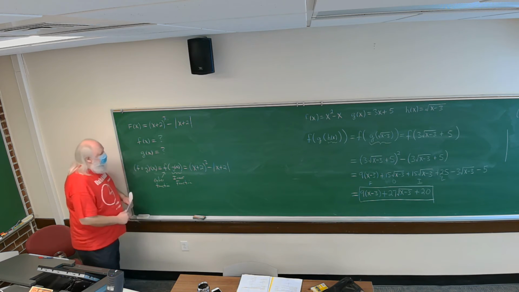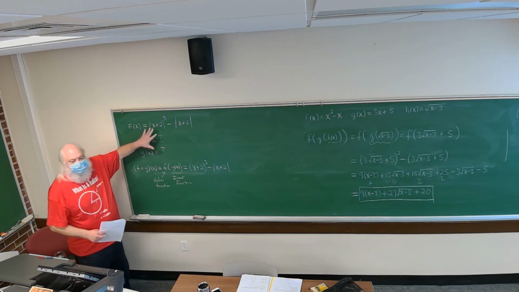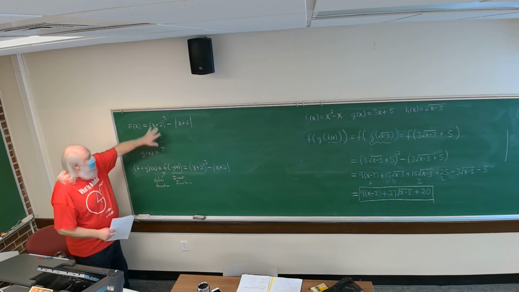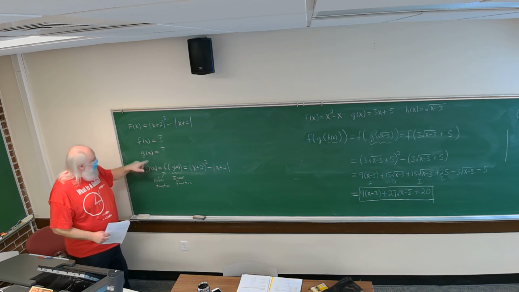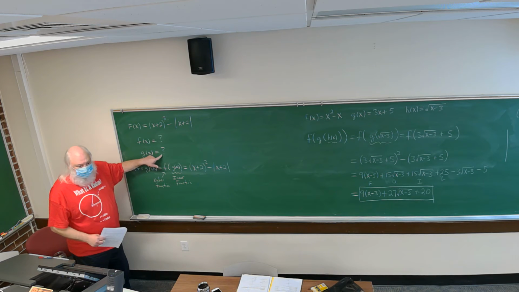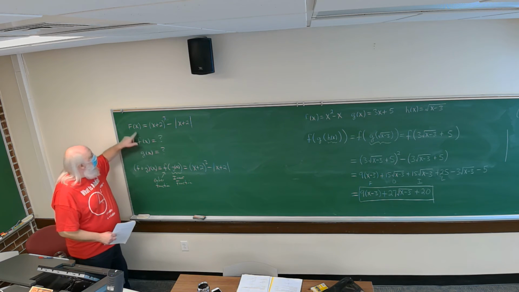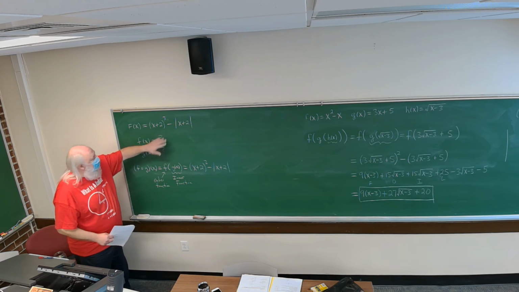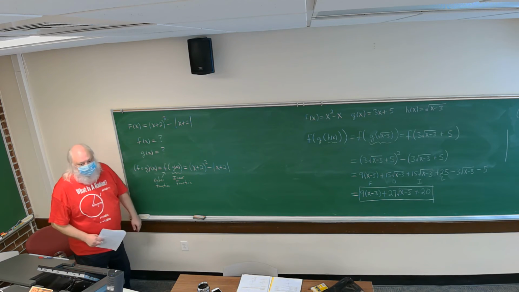So the key is to find a function of x inside big F of x that you can set g of x to. And then you replace that with x up here, and you now have the outer function.